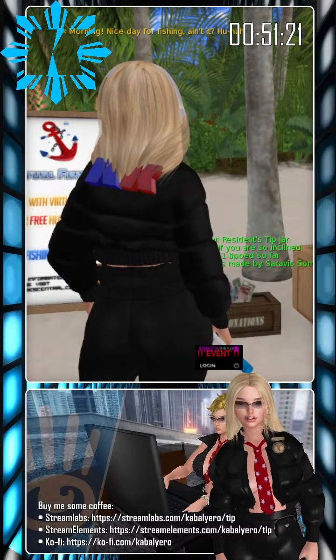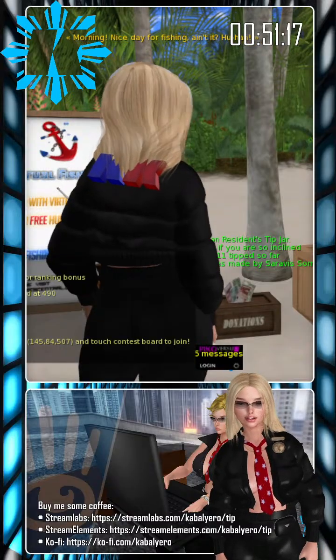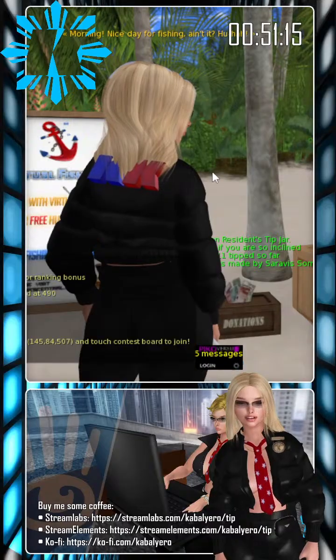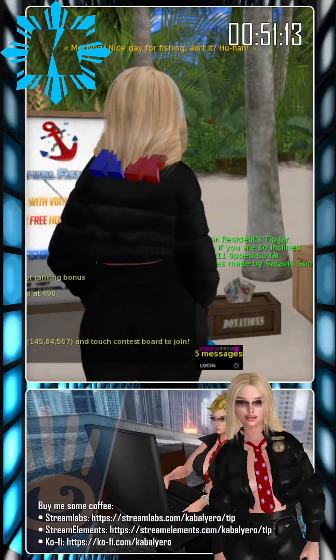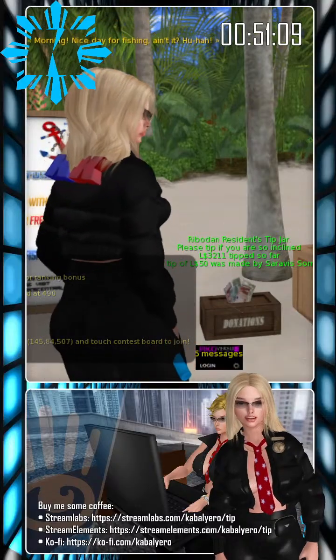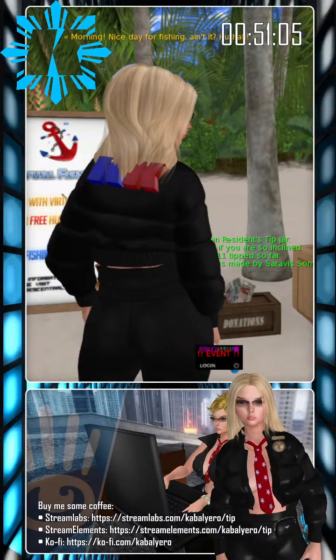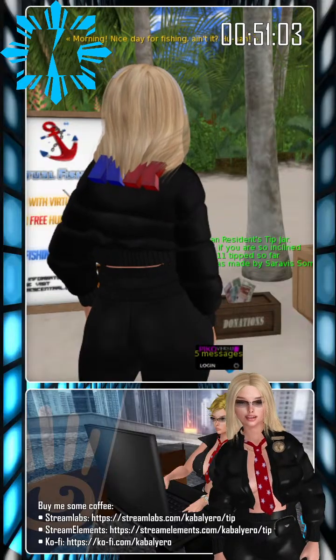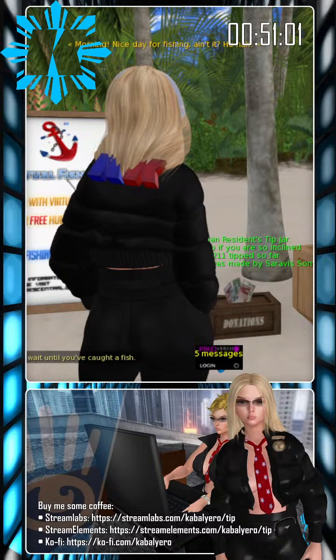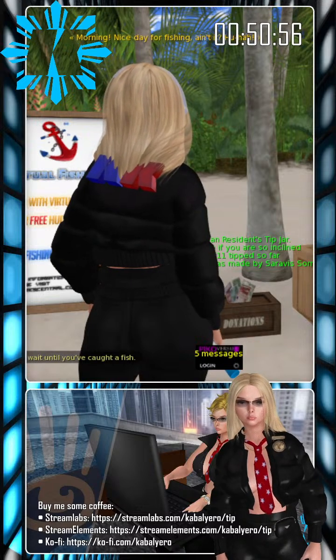It's the same avatar. The only difference is one is in Second Life and one is on the screen itself right there. But they're the same avatar.